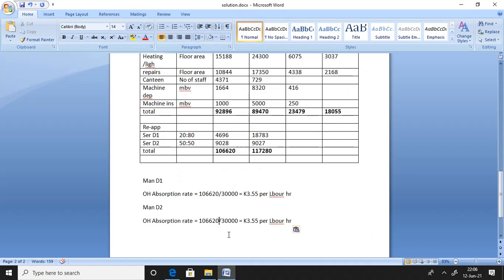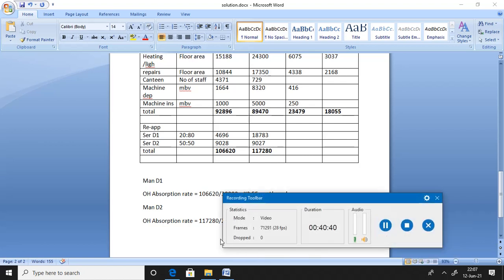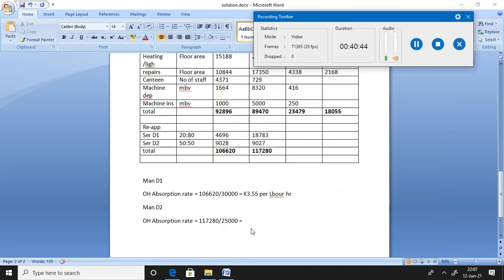So this is the budgeted overheads for manufacturing department 2, 117,280, divided by, this time around, machine hours of 25,000.